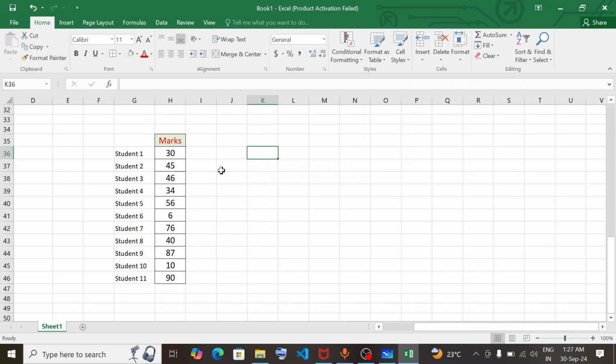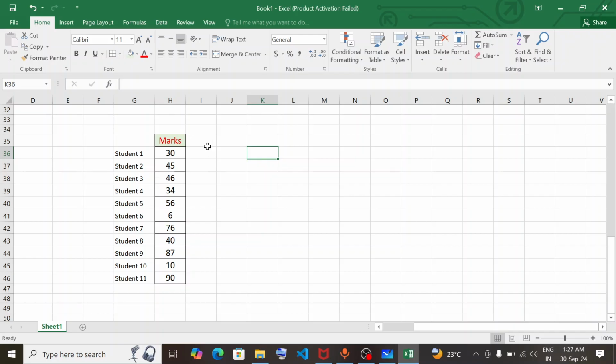Now let's see how we can calculate the variance. Variance is based on the difference of your data point from the mean. The formula is x minus x mean, then the square of that difference divided by the number of data points we have.